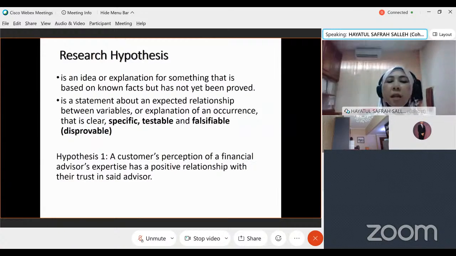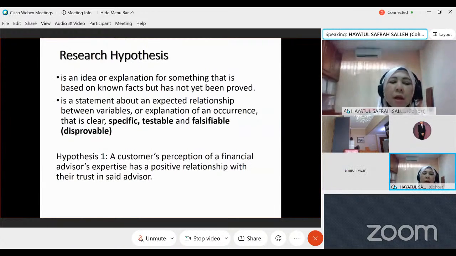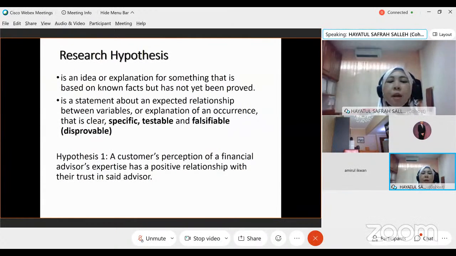So this means it is disprovable. Your hypothesis must be clear, specific, testable, and disprovable. Those are the things that must be in the statement of the hypothesis.